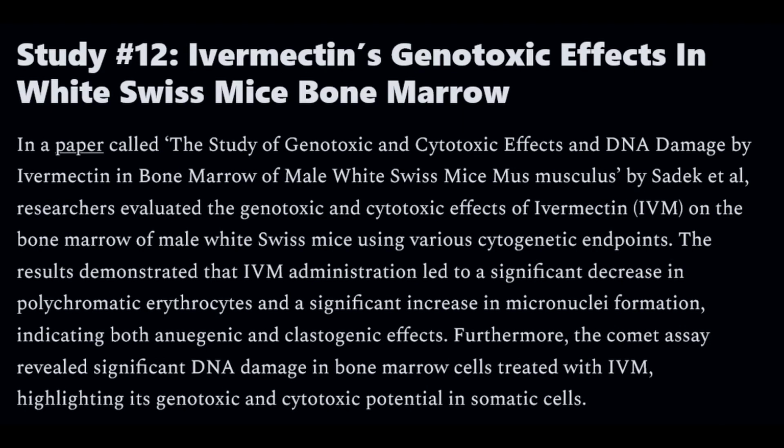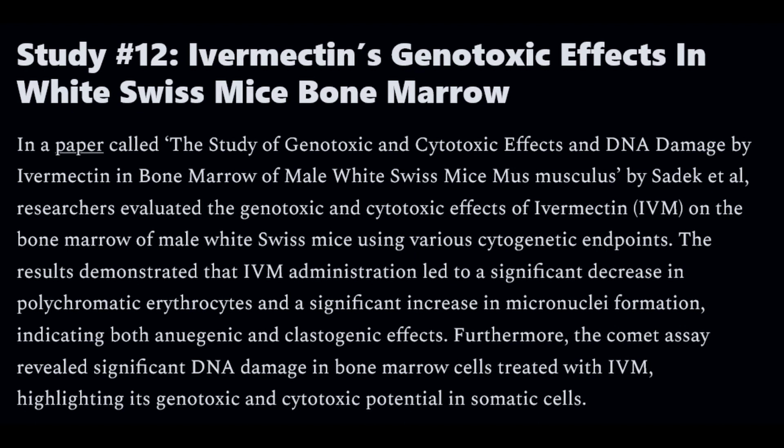The next paper is called The Study of Genotoxic and Cytotoxic Effects and DNA Damage by Ivermectin in Bone Marrow of Mice by Sadek et al. The results demonstrated that ivermectin administration led to a significant decrease in polychromatic erythrocytes. So they found that ivermectin administration led to a significant increase in micronuclei formation.